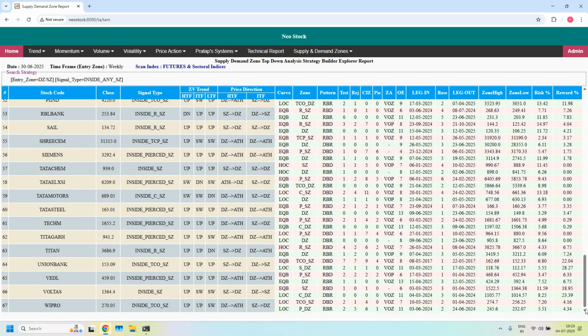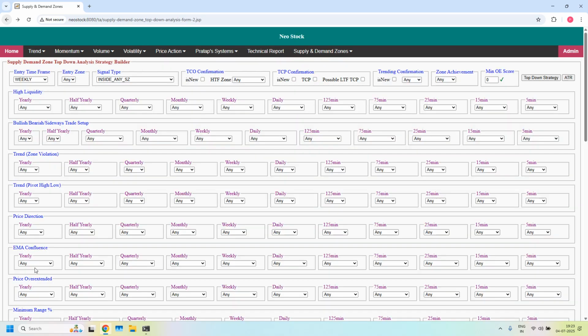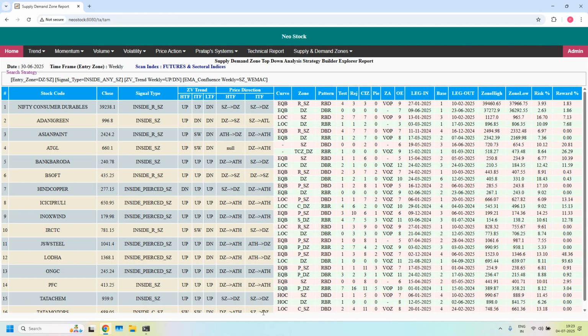We can further filter this list based on weekly supply zone having weekly EMA confluence. So in the EMA confluence at weekly, I'm checking a weekly supply zone having weekly EMA. At the same time, trend on the weekly should not be sideways. It can be up or down. With these filters, now we got 16 stocks.